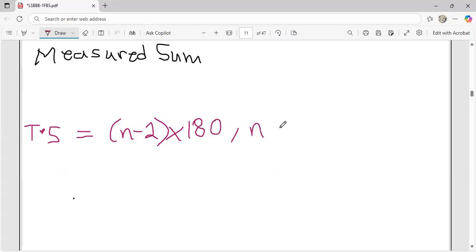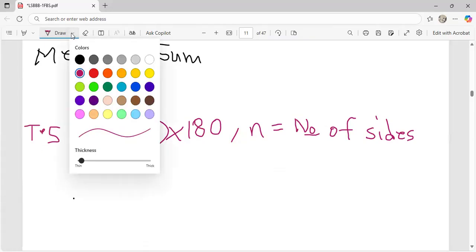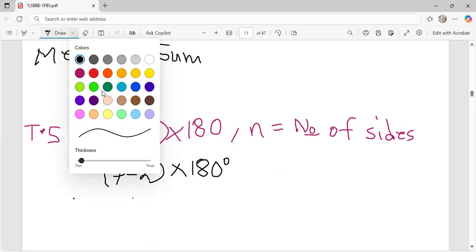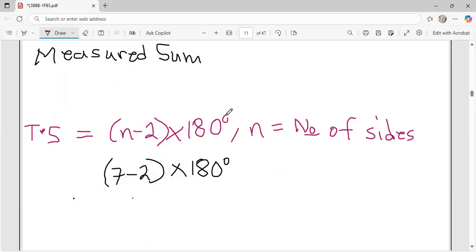Where N is equal to the number of sides given in the question. So we can now say that our theoretical sum is equal to 7 minus 2, times 180 degrees.